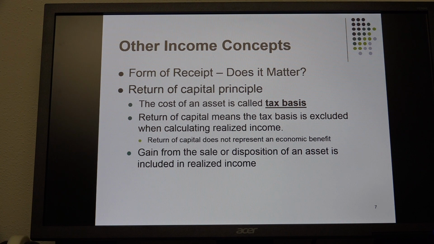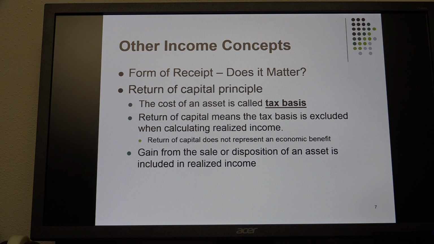And so the argument was, when I sell this, do I have to include the full amount of the sale? Is that the amount realized? And the answer, at least as far as the IRS was concerned, was yeah.